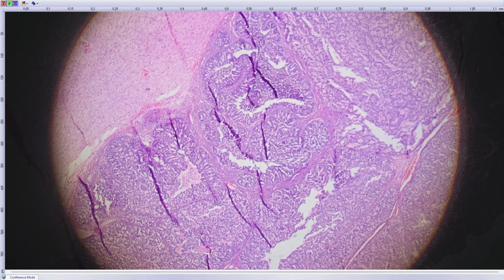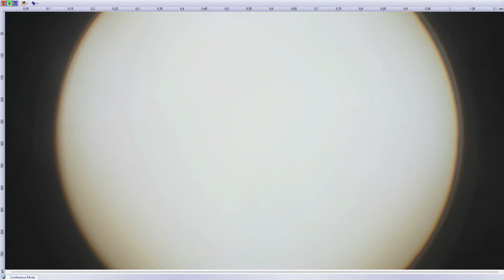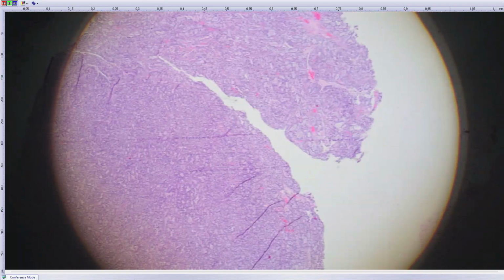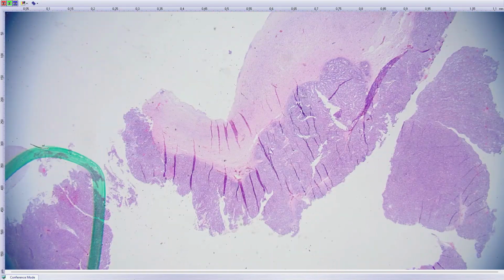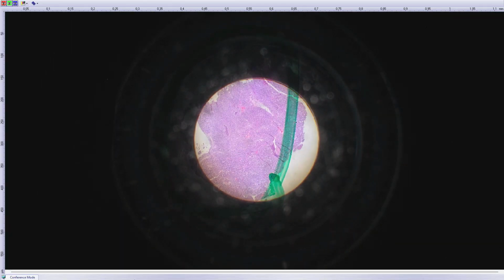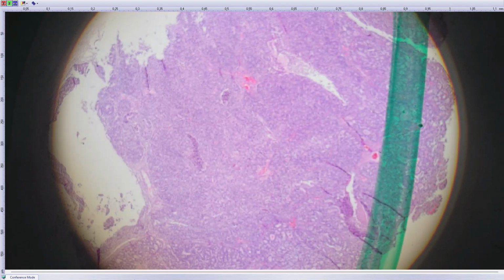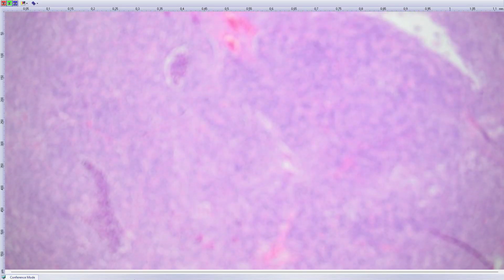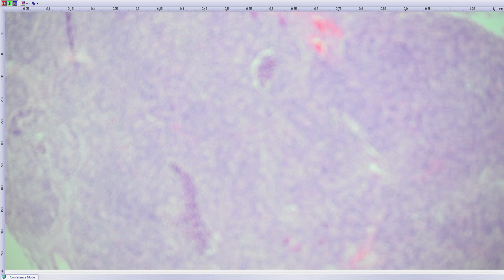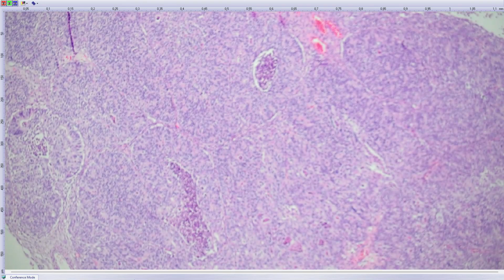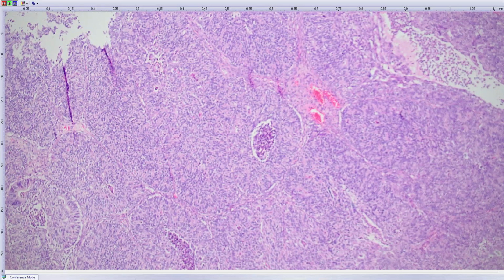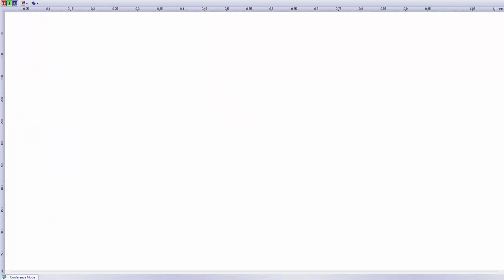But for example, here I have some circle. This is also solid morphology, but if you have some imagination, you can imagine that this can also resemble, at least distantly, urothelial morphology.